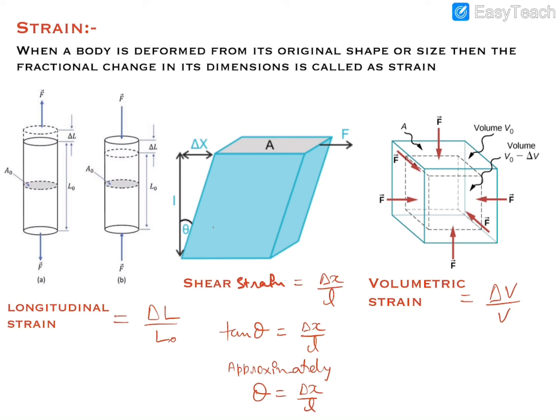So elasticity can be seen in fluids also, and it is the property by which matter, when deformed from its original shape or size, tries to regain its original shape or size when the deforming force is removed. This inherent property is called elasticity.